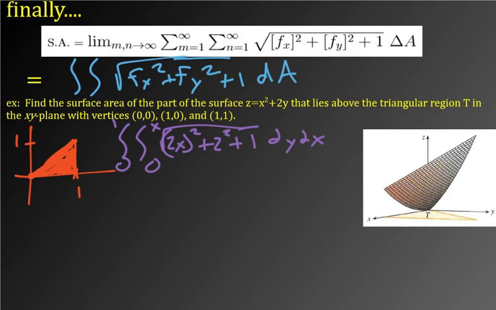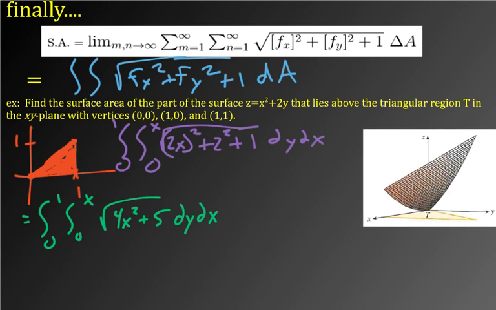which probably should simplify just a little bit here. So we're going to get the integral from 0 to 1, from 0 to x, of the square root of 4x squared plus 4 plus 1, which is 5, and then dy dx. And so it's a nice dy integral, right?